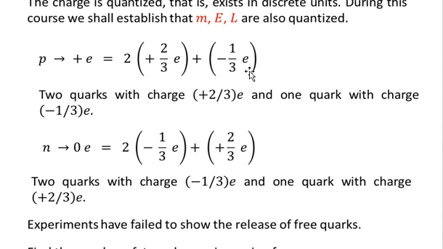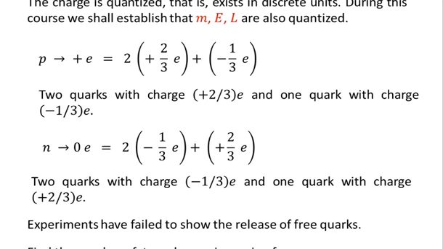So the proton can be considered as three quarks, in which two quarks have a charge of 2 over 3e, and one quark has a charge of minus 1 over 3e. These quarks have not been observed in free space through any experimentation, so they cannot be regarded as the fundamental charge. The fundamental charge is the same as the charge on the electron.